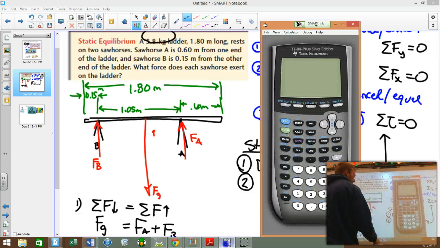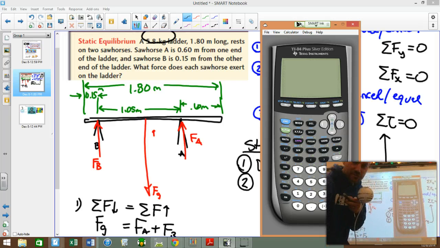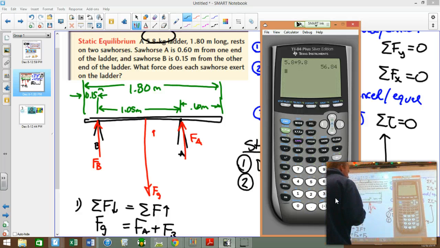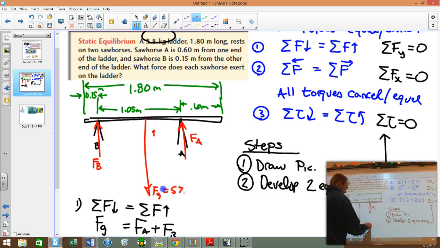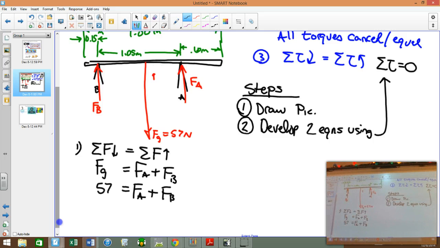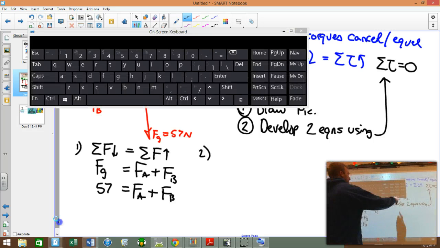So if I take 5.8 and multiply by 9.8, I should be able to get the force of gravity. 57 newtons. So down here, here's one equation. 57 equals force of A plus the force of B. Simple as that. There's equation number 1.